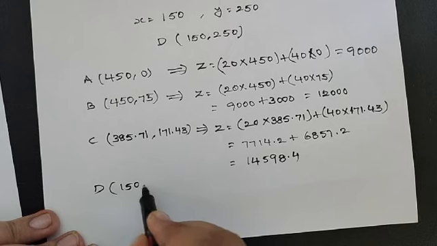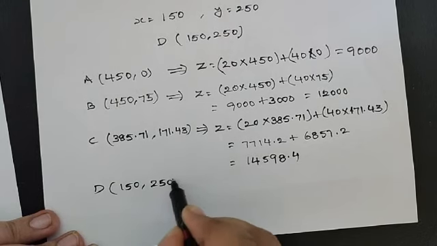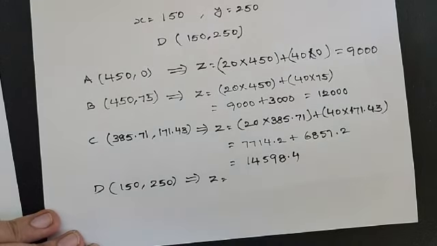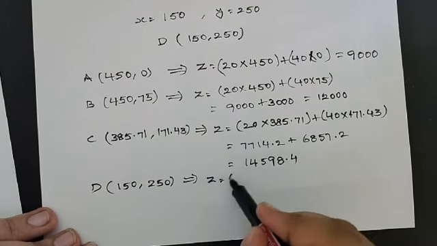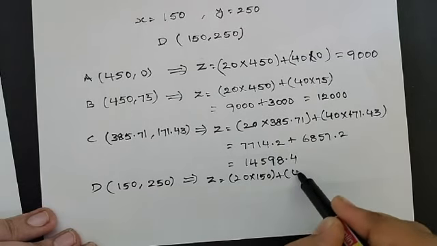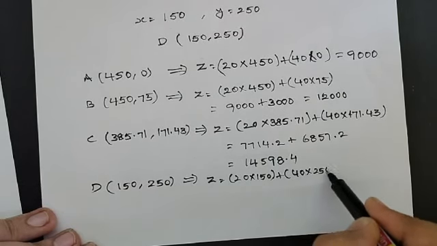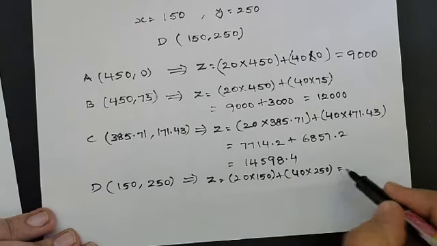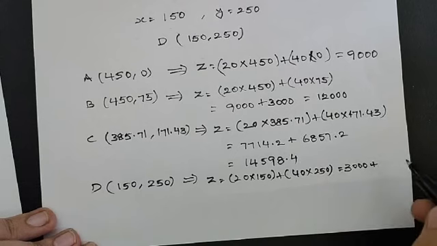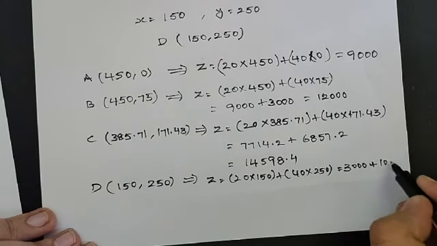Next, substitute the value of D: 150 comma 250. So the value of z will become 20 into 150 plus 40 into 250. 20 into 150 means 3000 plus 40 into 250 means 10,000.